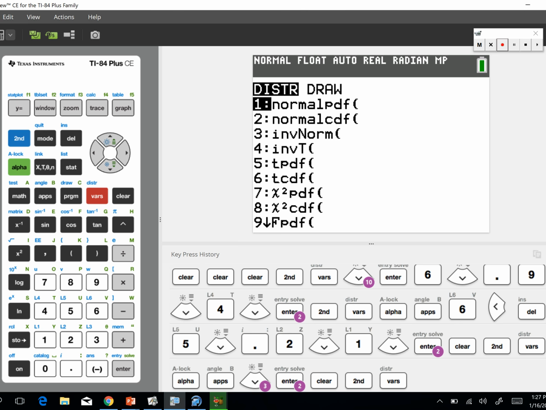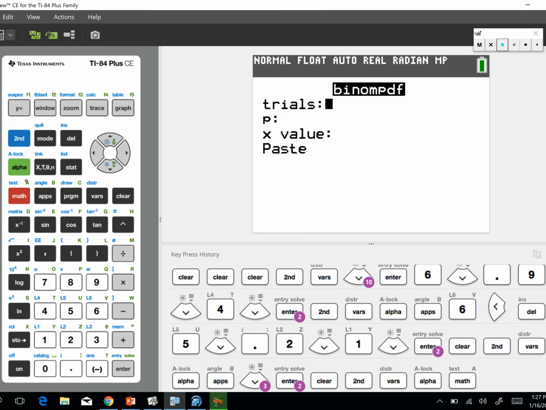The VARS key is highlighted in red on my screen. So second, and then the VARS key. The abbreviation above the VARS key stands for distribution. We want capital A as the option. To get there quickly, you can hit alpha and then math, because the A is up above math.